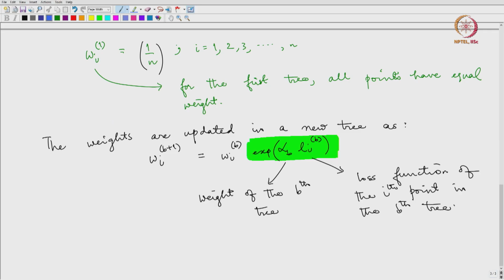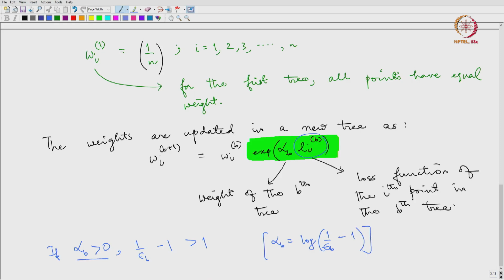Okay. So, if for example, this epsilon b, let us look at what will happen here. So, if alpha b is greater than 0, then 1 over epsilon b minus 1 has to be greater than 1. Remember that alpha b is log of 1 divided by epsilon b minus 1.